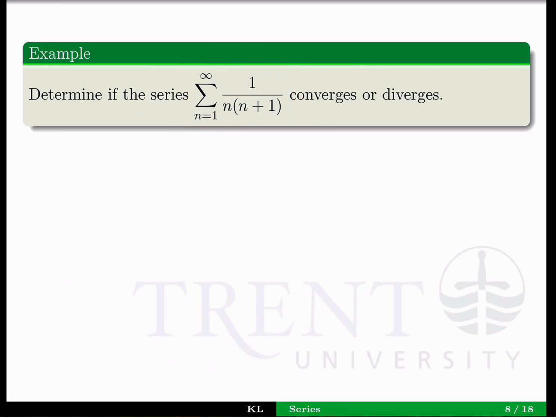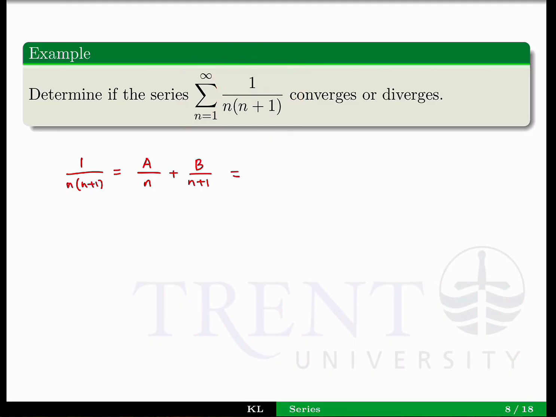We will try to decompose this, and maybe we can use the decomposition in order to find the actual sum of this series. So 1 over n times n plus 1. In our methods, we can rewrite this as A over n plus B over n plus 1. Oh, sorry, not A for the second one. Let us use capital B.